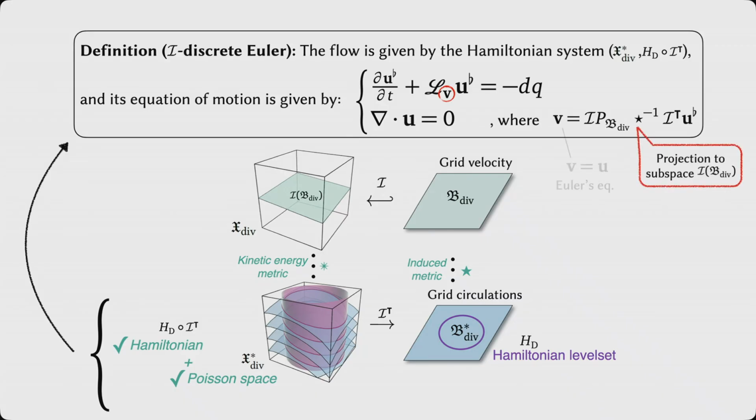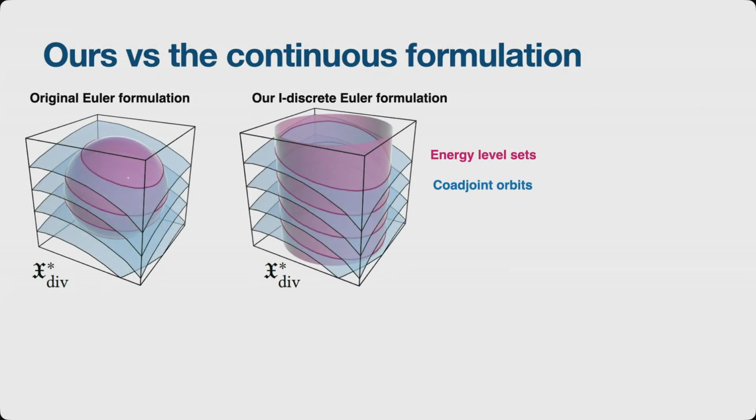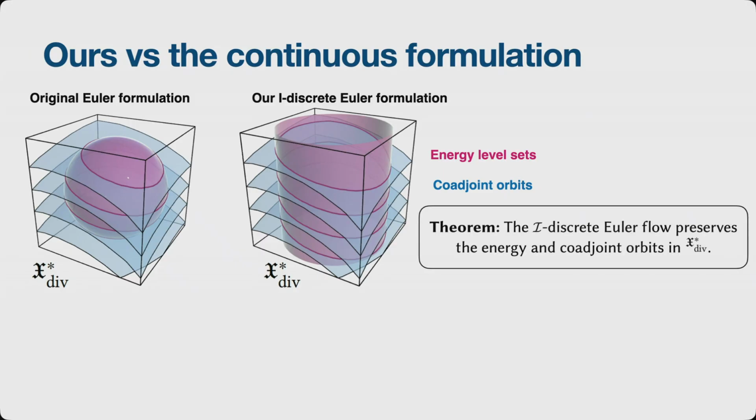And it turns out that this is the least intrusive way of changing our equations so that we can simulate them on a computer. Because the I-discrete flow preserves the energy of this new energy, and also it doesn't interfere with the coadjoint orbits. The blue sheets are exactly the same between these two formulations.